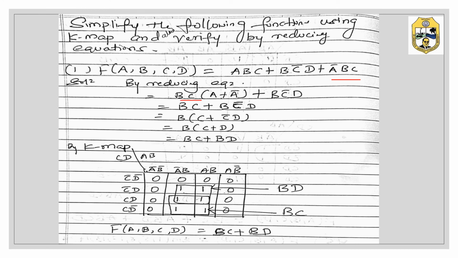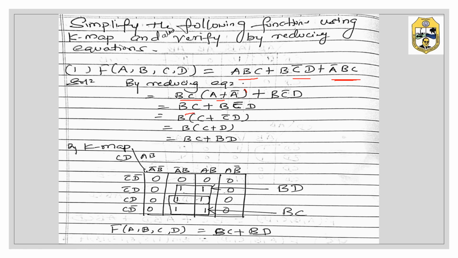First, bc is taken common in these two, this one and this one. So what is left in the bracket? A plus a bar, plus this is written as it is, b c bar d. So BC times A plus A bar, as we know, is 1. So what is left? BC plus BC bar D.